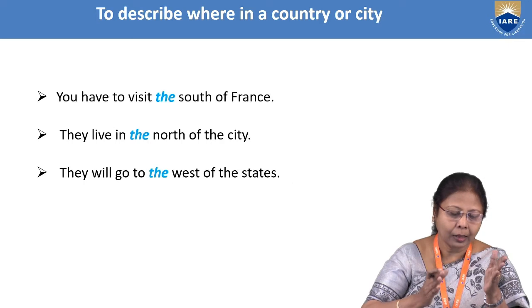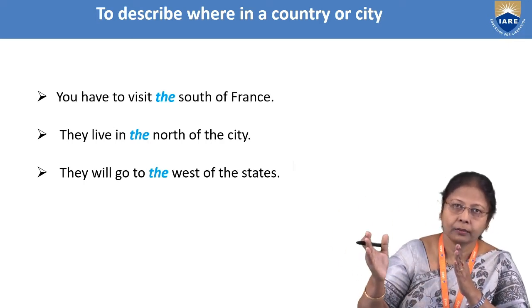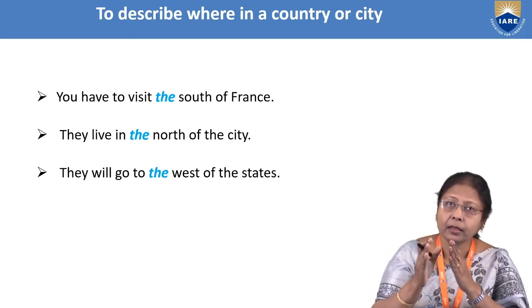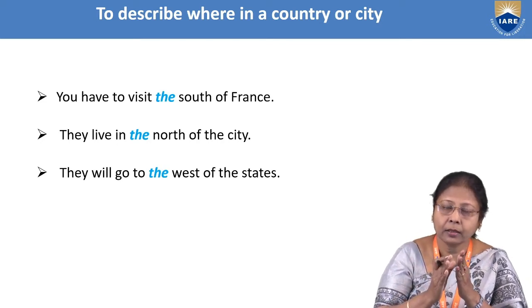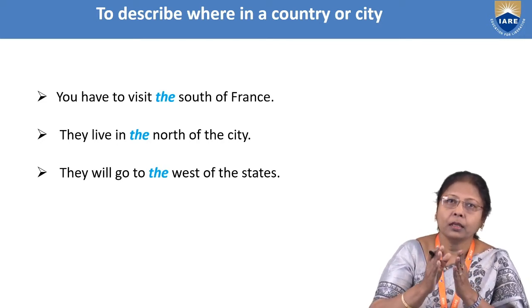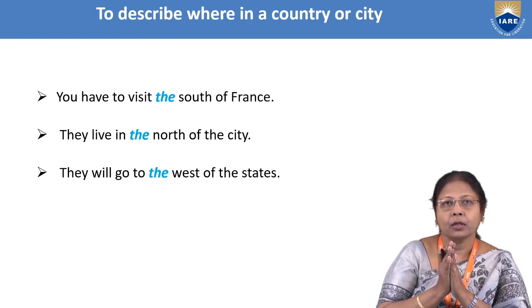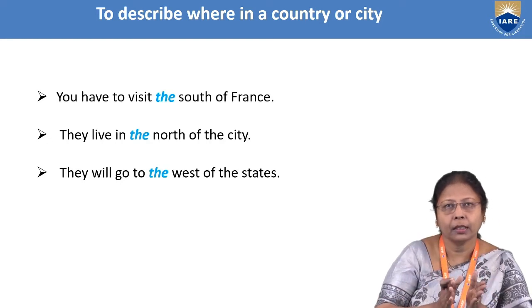You have to visit the north of France. It is the north side of France, or the south side of France. So when you are about to locate the place, you have to use the definite article "the".